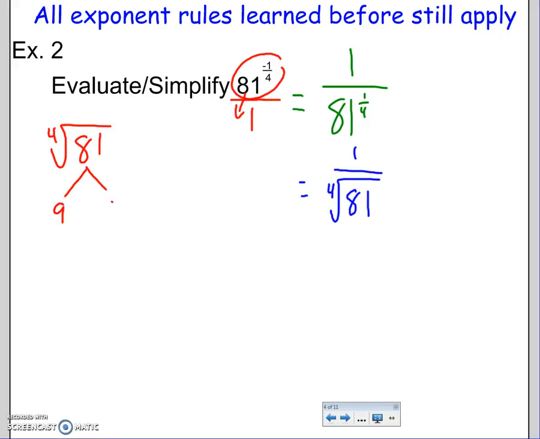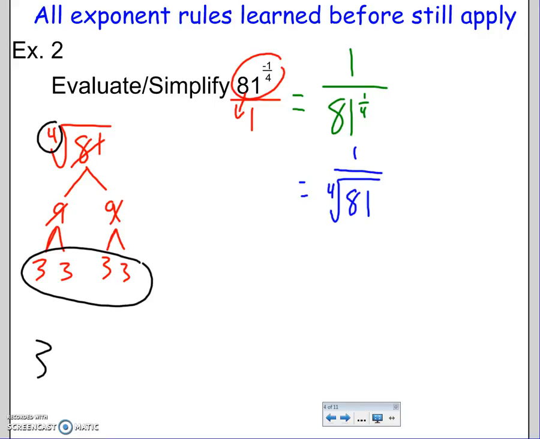That's 9 times 9. 9s are not prime, so I break those down to 3 times 3. Those are prime. I'm finding groups of 4. So here's 4 of a kind. 1 goes out. The rest disappear. There's nothing left over. The 4th root of 81 is 3. So I replace the 4th root of 81 with 3, giving 1/3. That's my answer.